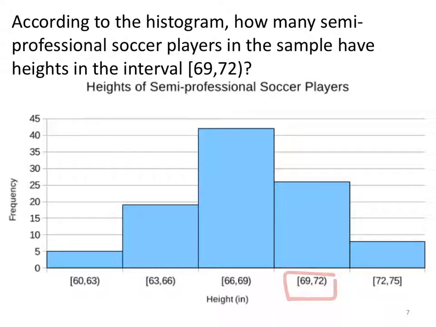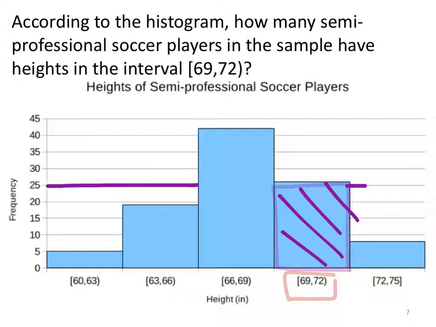It's this one right here. So we're looking only at this bar. It's a little bit higher than this line right here, which corresponds with 25. It doesn't go that much higher, so it appears to be only one player more than that, which appears to be 26.